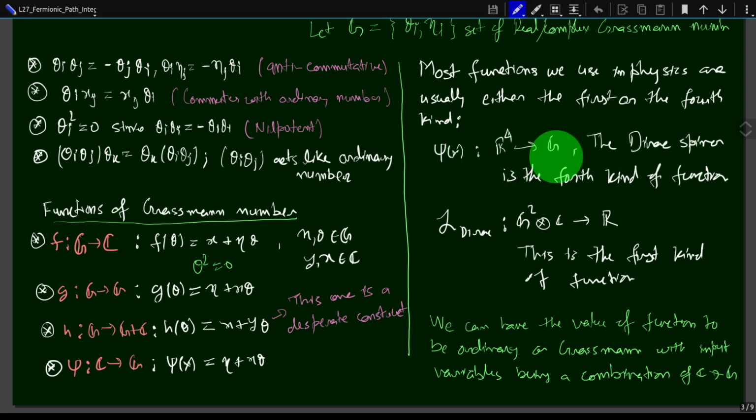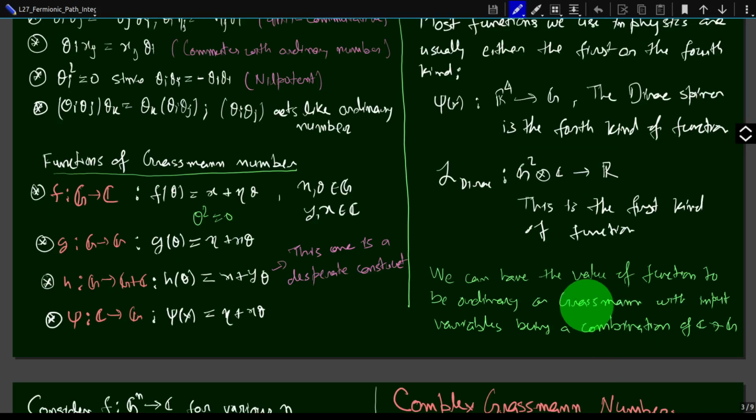So this is the fourth kind of function. And my Lagrangian takes 2 Grassmann numbers and some real or complex number and maps it to a real number. It's the first kind of function.